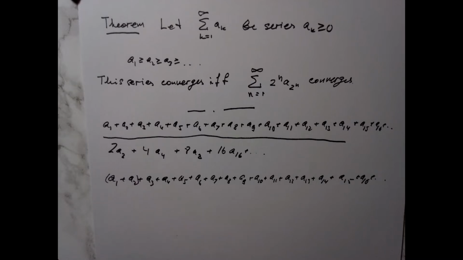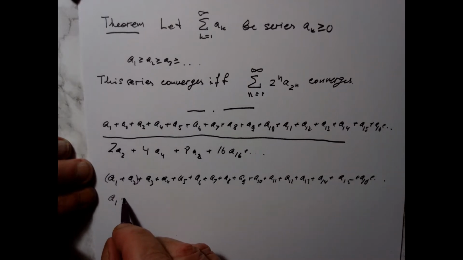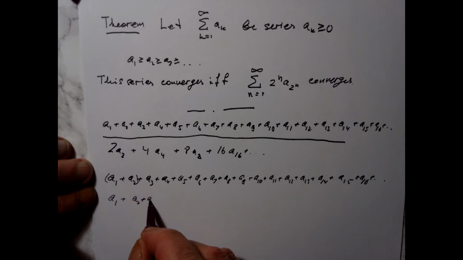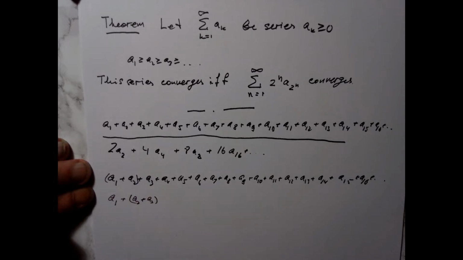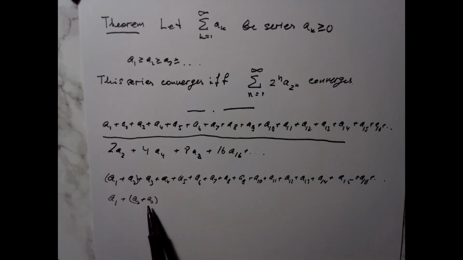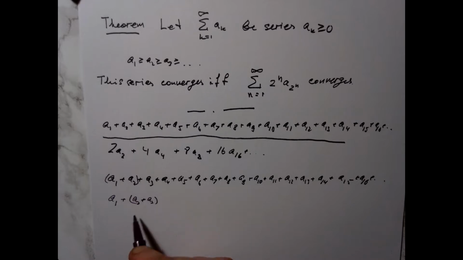Okay, so let's look at a1, and then a2 plus a3. Now notice that a3 is less or equal than a2, which means that a2 plus a3 is less or equal than a2 plus a2, which is equal to 2a2, right?